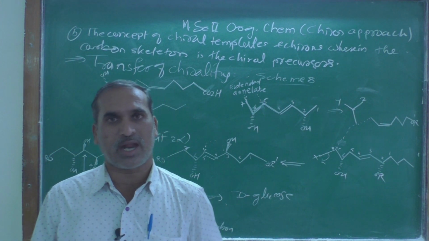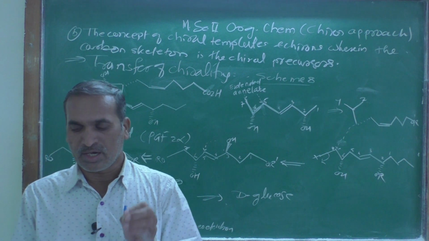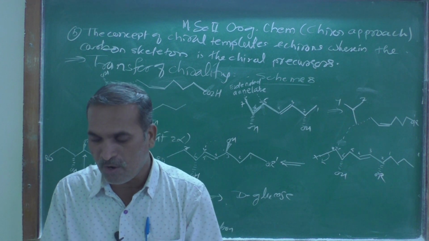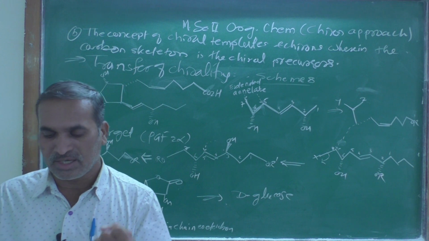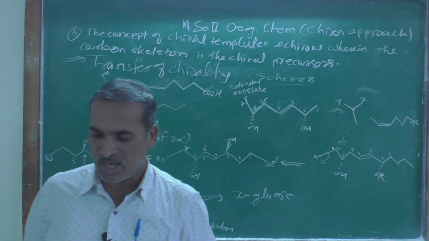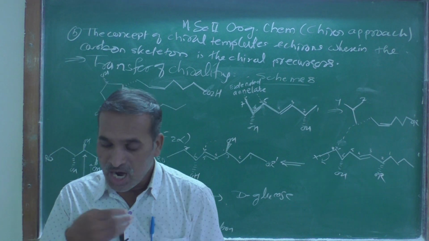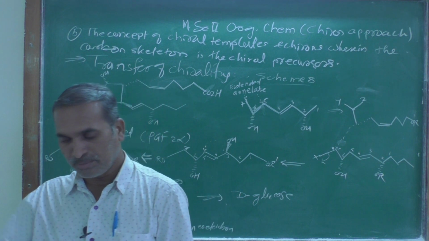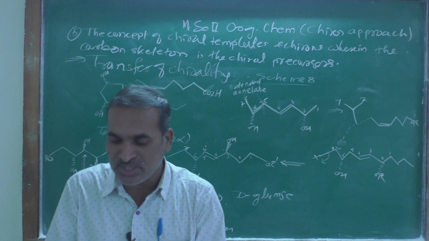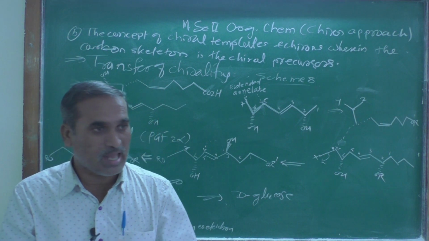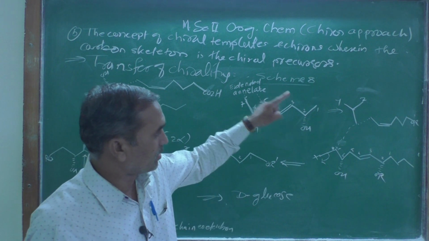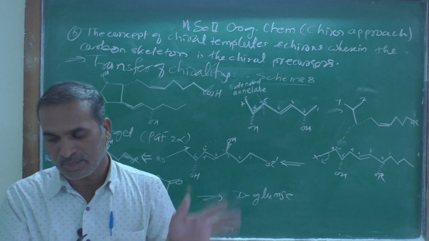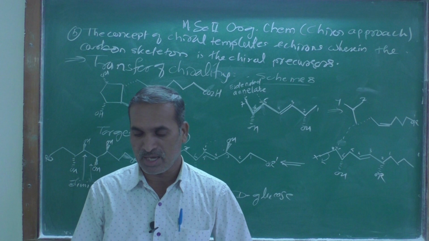A second unique strategy for controlling stereochemistry involves the utilization of existing chirality in a cyclic or acyclic carbohydrate structure to create another center of chirality, usually in the beta position via Claisen type or similar rearrangement. Claisen rearrangement, you know that type of rearrangement may appear here, and by using that approach we can synthesize that type of natural product.